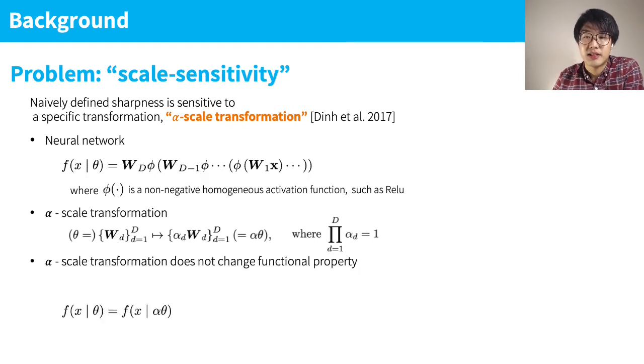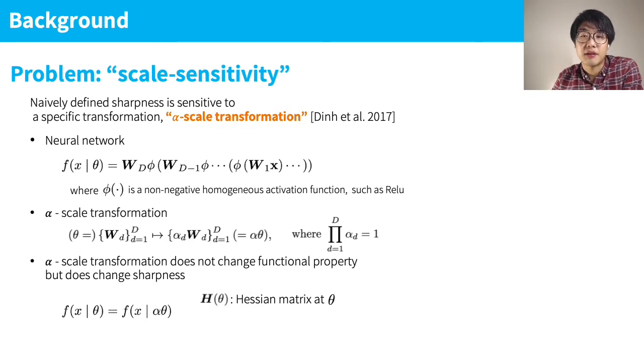This transformation does not change the functionality of the provided neural network at all, but it changes the value of sharpness. For example, suppose H of theta represents the Hessian matrix at theta.